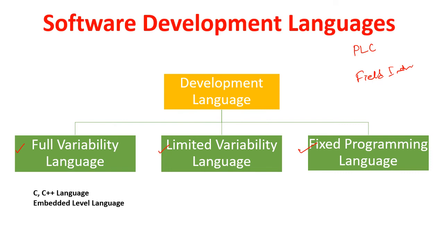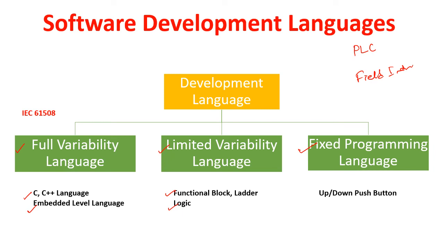If it is a full variability language, it is mainly C, C++ or embedded-level language. If it is a limited variability language, it is function block and ladder logic. And if it is fixed programming, it is mostly like the push buttons that you can normally see on a pressure transmitter, or in some positioners you will see up and down buttons there to configure that particular instrument.